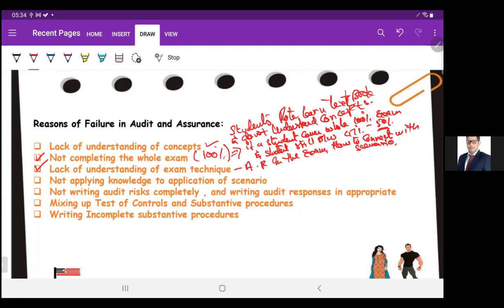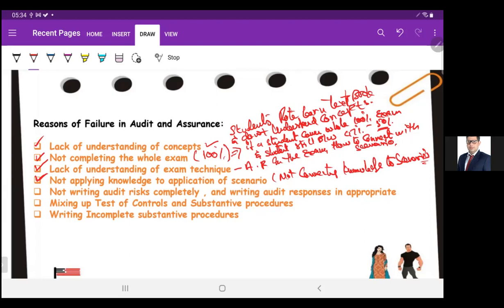Now, another issue: not applying knowledge to the application of scenarios. That means you just rote learn the book, you read the scenario, and you just write the book definitions.